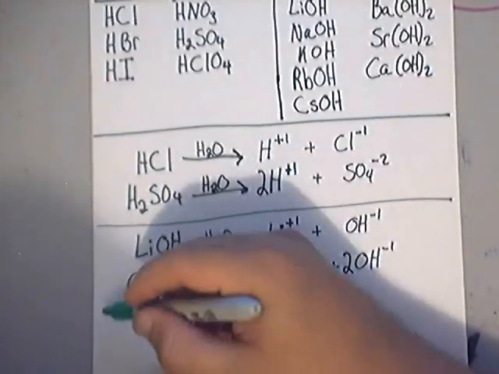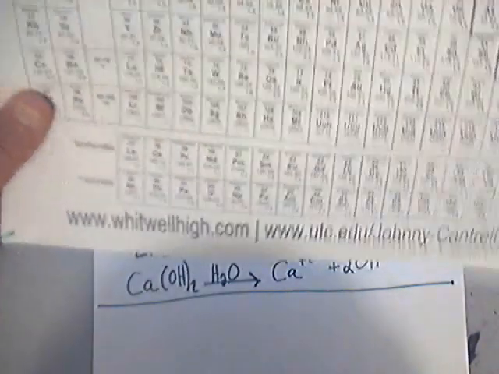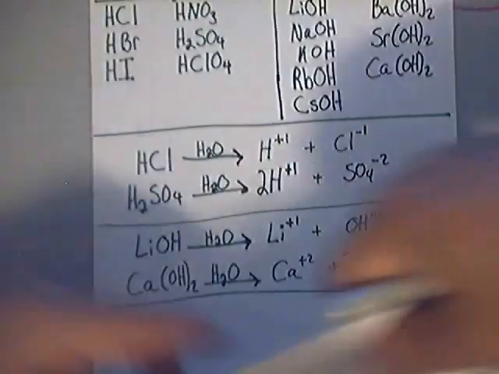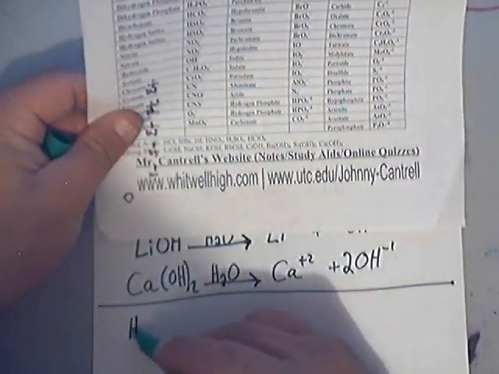Now if you have a weak acid, for example vinegar, acetic acid, all you have to do is look on here and find acetate.